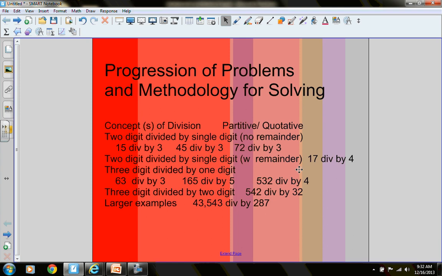I was wondering how long you stay at the stage where you actually model them out, and then how long until you move into the ones where you're just doing it basically algorithmically, but in their head they're picturing the things. But when you get down to this 542 divided by 32, that is very challenging to act out as a model. And I would be very interested to see how you transition that.